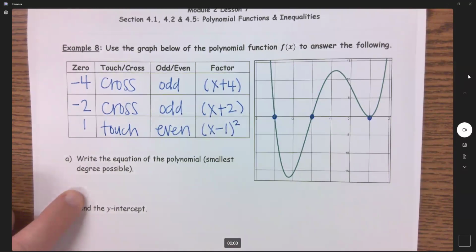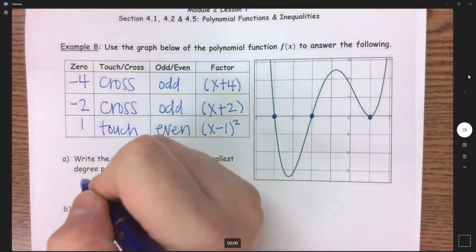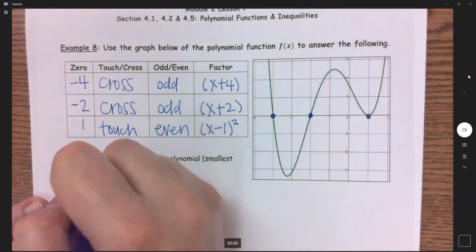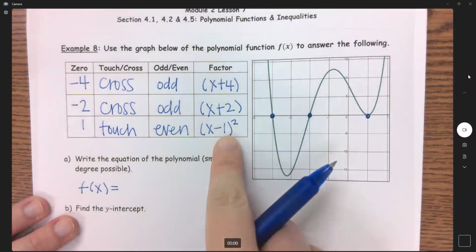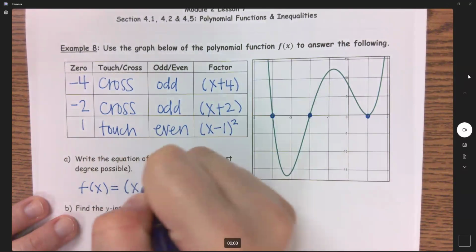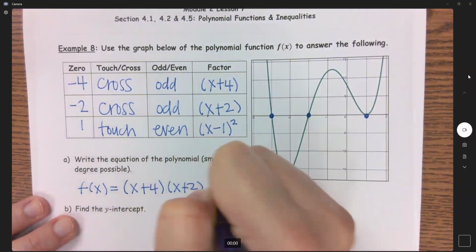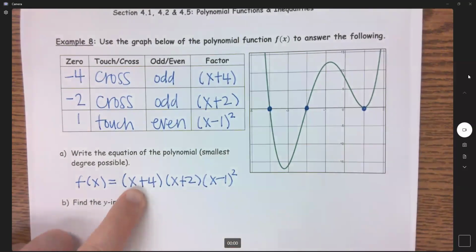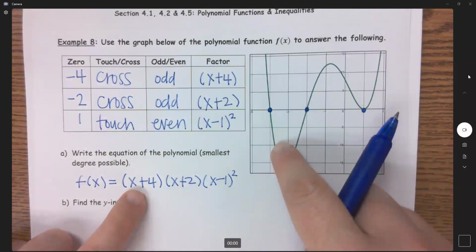So now write the equation of the polynomial. We have f of x equals, and then I'm just writing these out now. So here we have a 0 at x equals -4, it's crossing through.